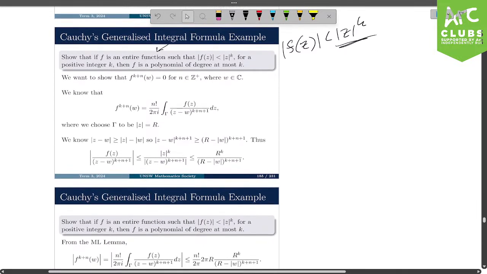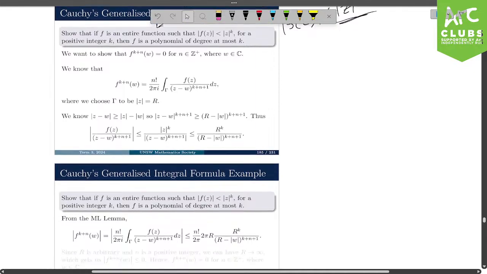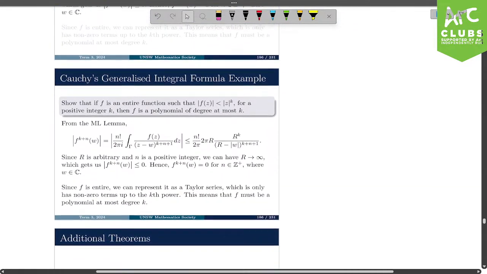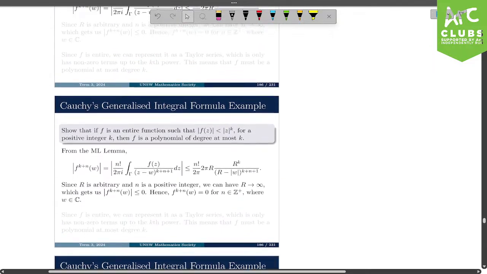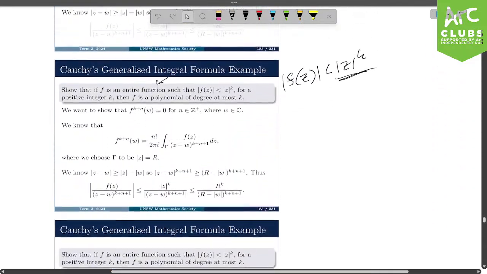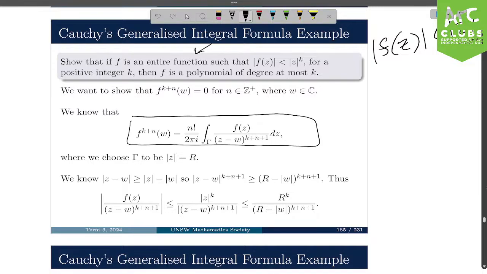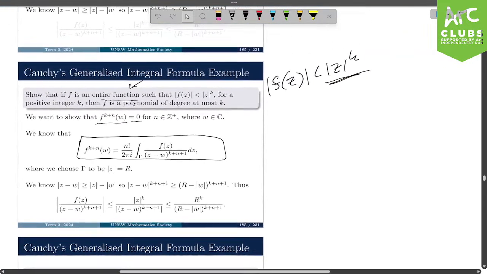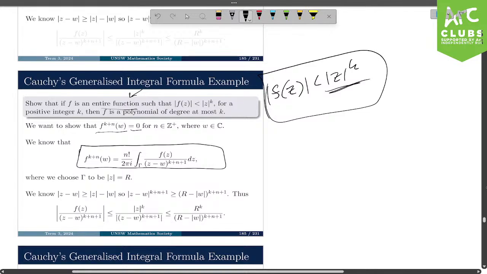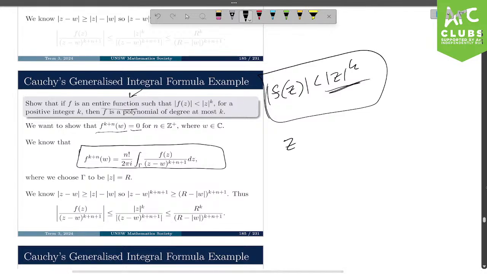And so the way that we handle that in this application is going to be such that, wait just a second, here we are. We're defining that if it is entire, we can take a derivative beyond powers of that, and it equals 0. So in other words, we're showing that the maximum power is z to the k. Okay? That's where we're at right now.